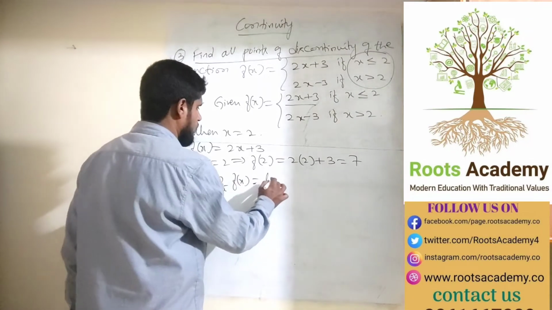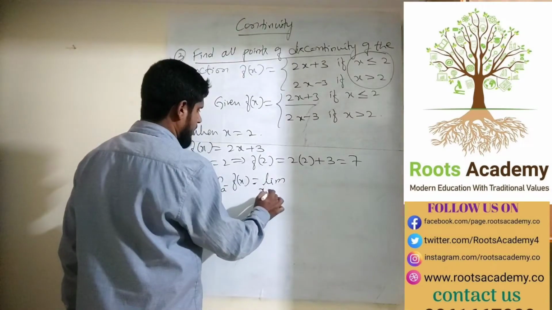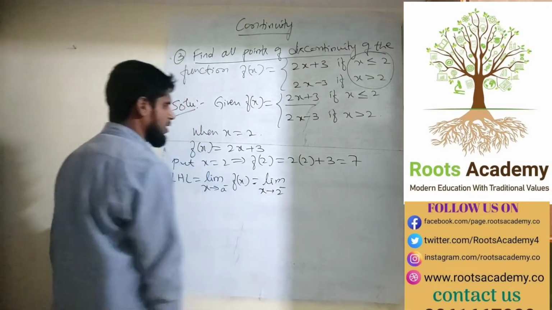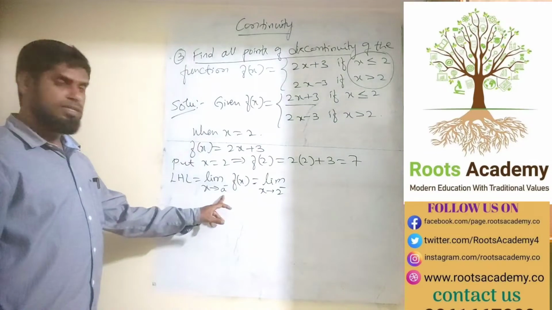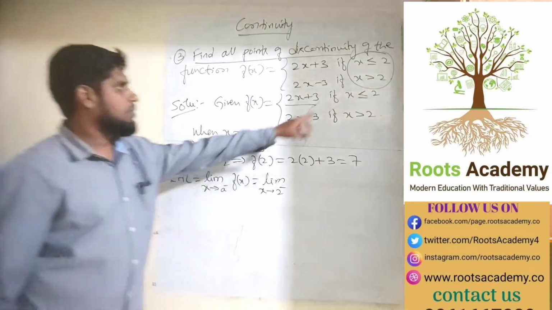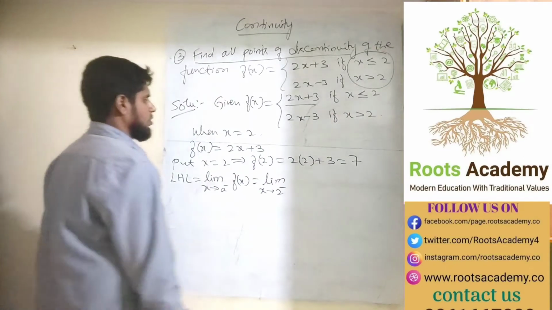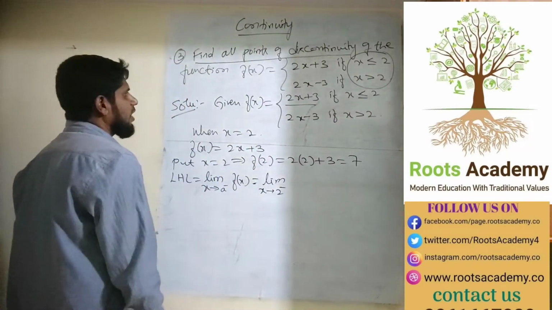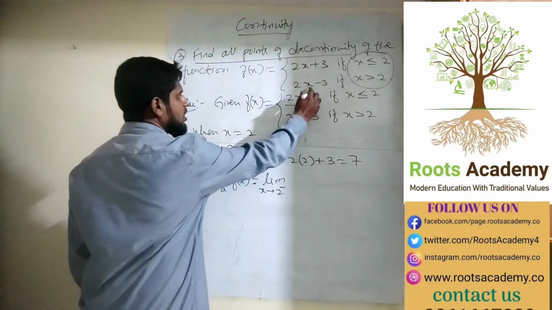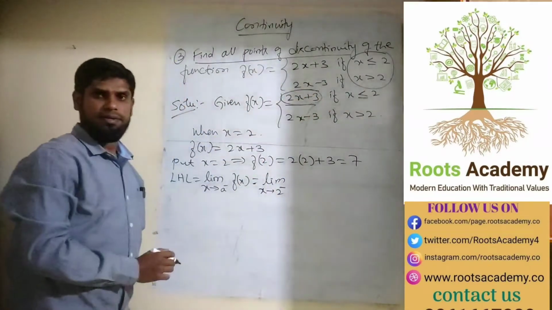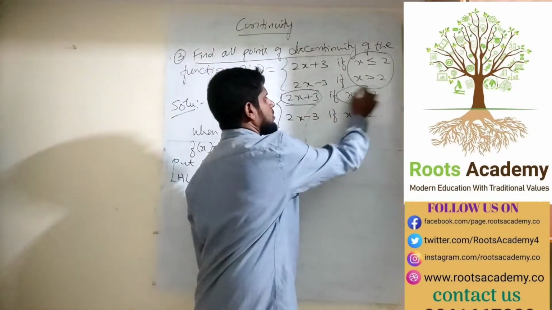This is equal to limit x tends to 2 minus. The value of a is 2 here because the condition is 2. What is the function for left hand limit? This itself is the function for left hand limit because here less than is there.